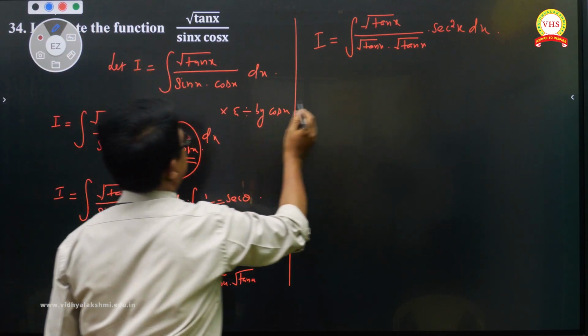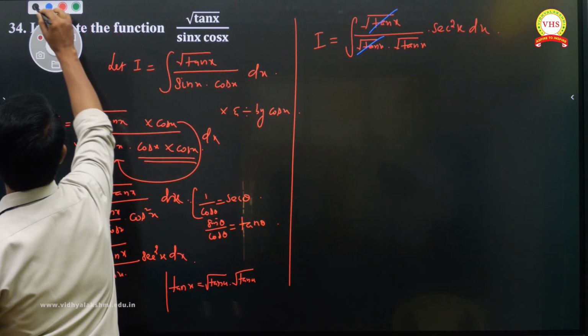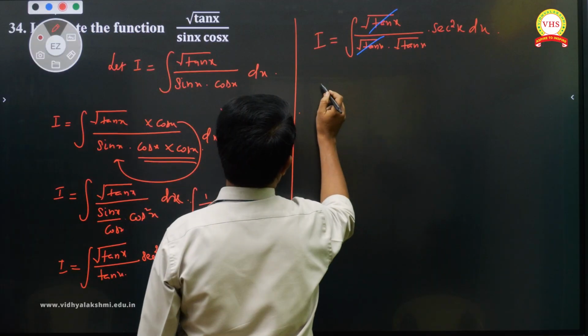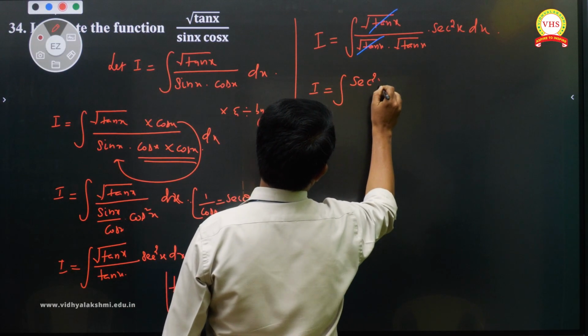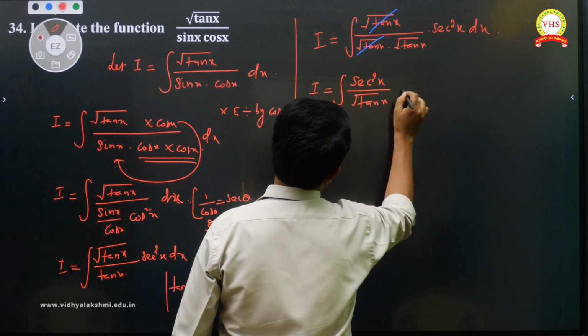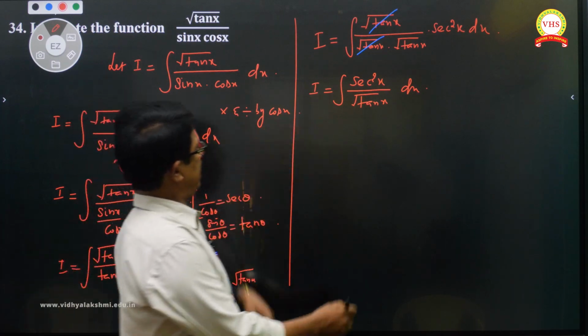Okay, yes, this tan x cancels. Look at the remaining term. The remaining term is only secant square over square root of tan x. Finally, I equal to secant square x divided by square root of tan x, which means we have nearly completed the sum, because the denominator is tan x and the numerator is secant.